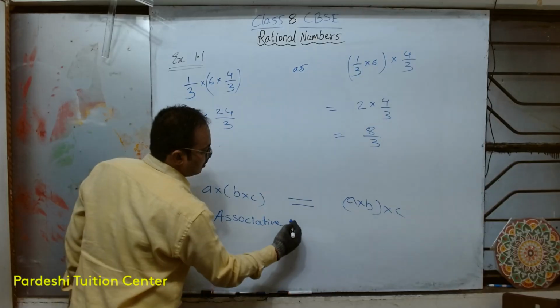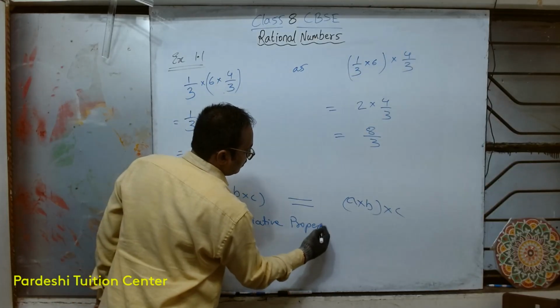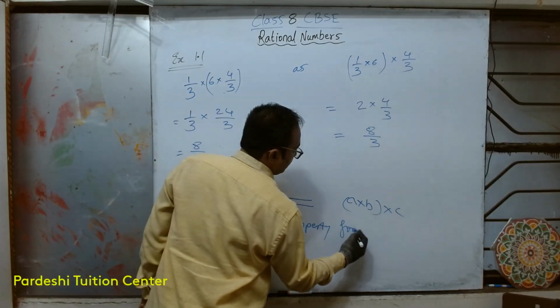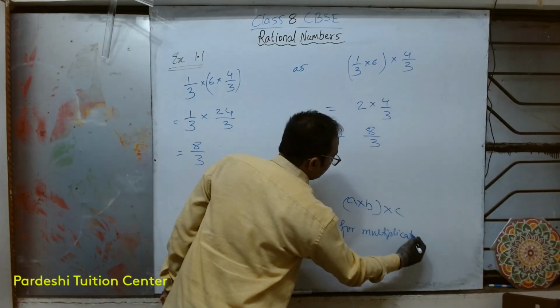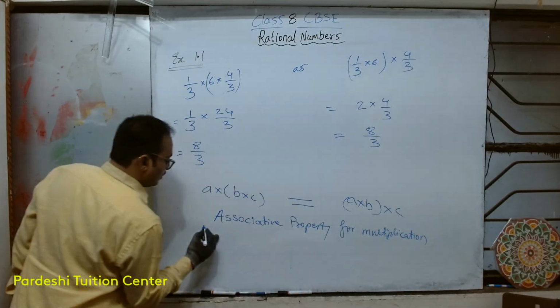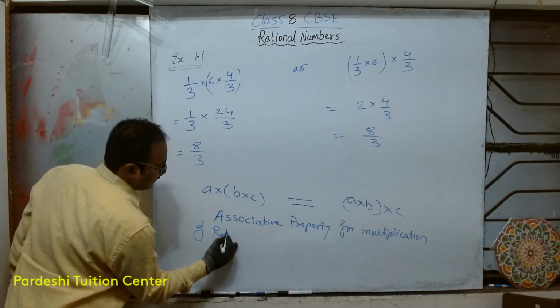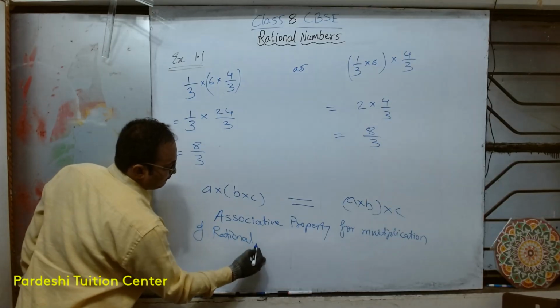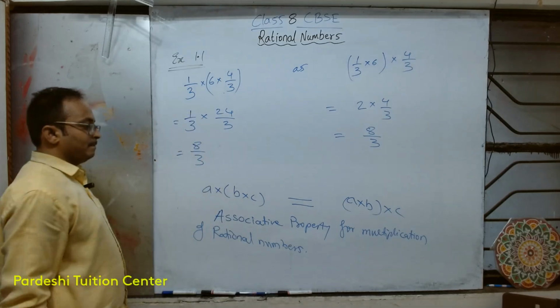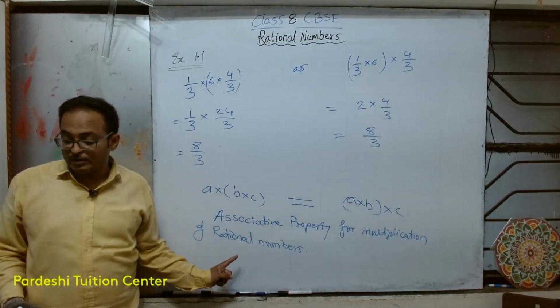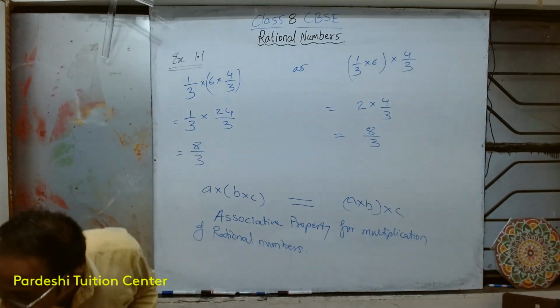Associative property for multiplication of rational numbers.